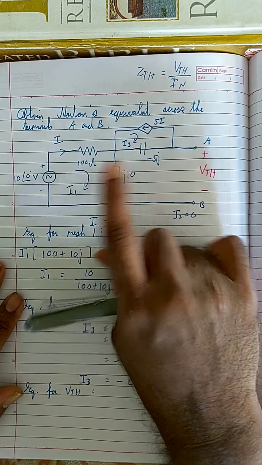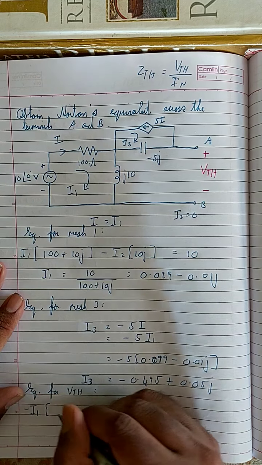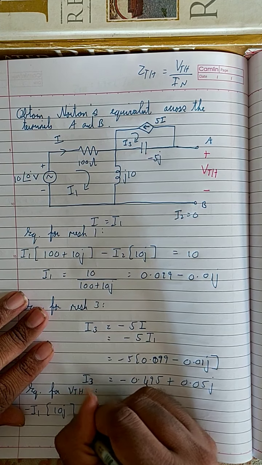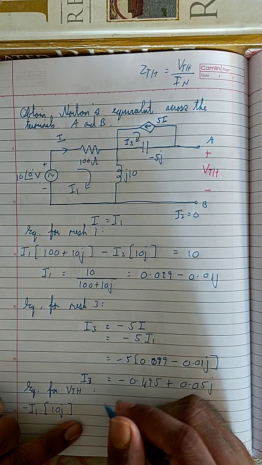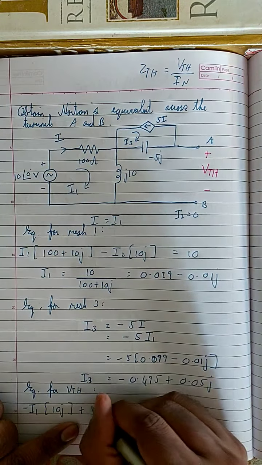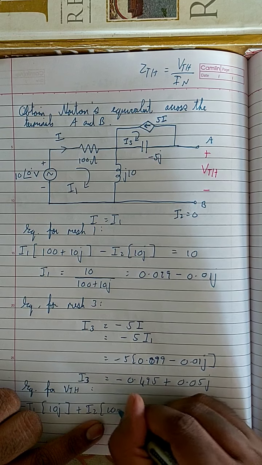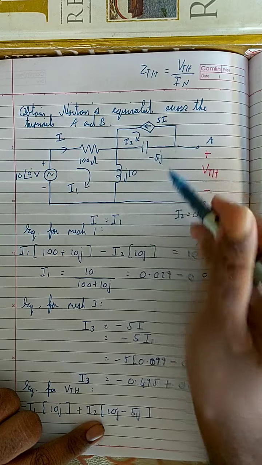In that case I1 and I3 are negative, so we have minus I1 into 10J, plus I2 into 10J minus 5J, because I2 is touching only these two elements.